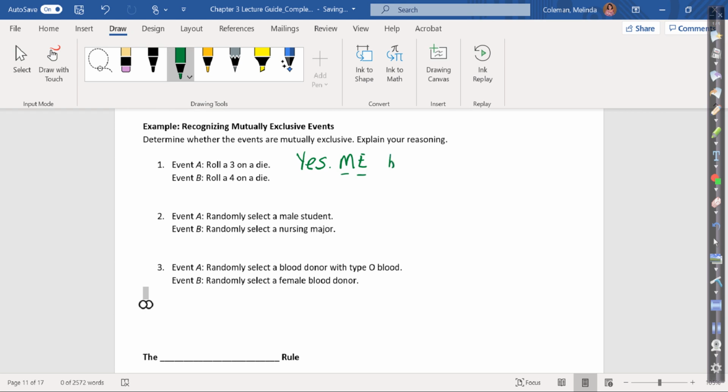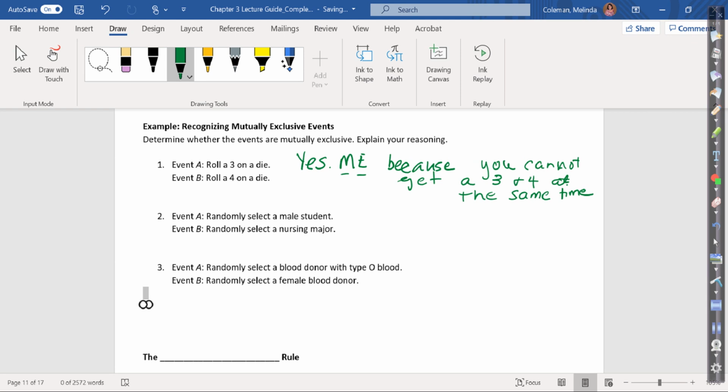And the reason is because you cannot get a 3 and a 4 at the same time. So when you roll the die, you either get a 3, and you roll it again, you get a 4, but you're never going to get them both at the same time.